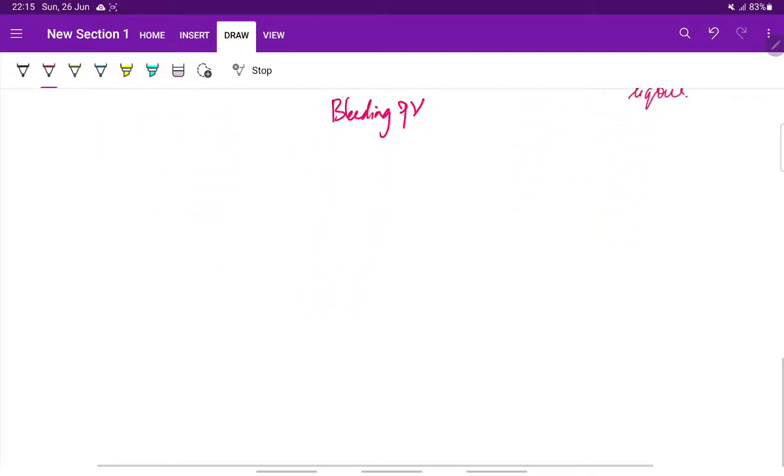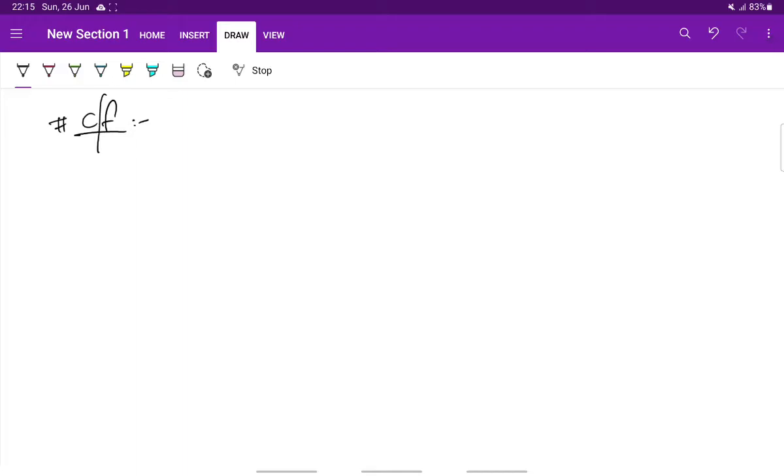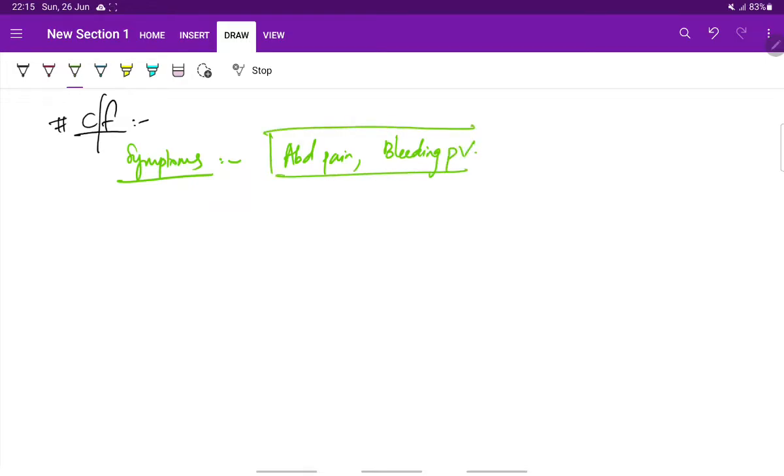Next, let us see the clinical features. The clinical features depend on the degree of separation and the type, whether it is concealed, revealed or mixed type. So, first the symptoms. The symptoms include abdominal pain, bleeding per vaginum. These are the presenting complaints.